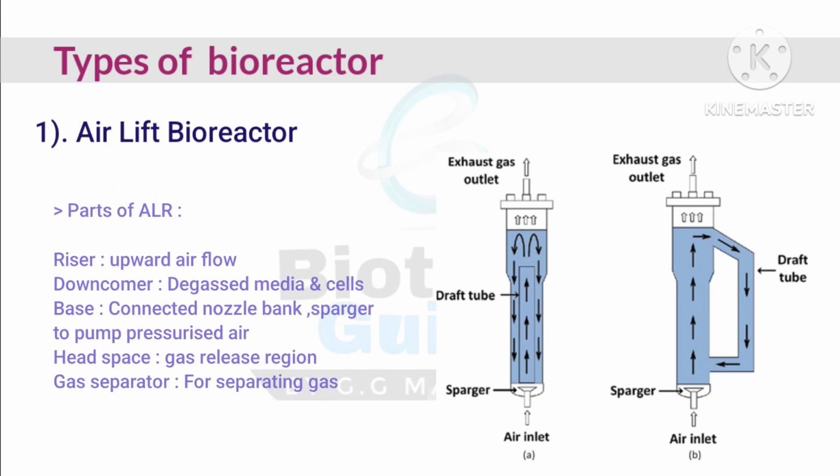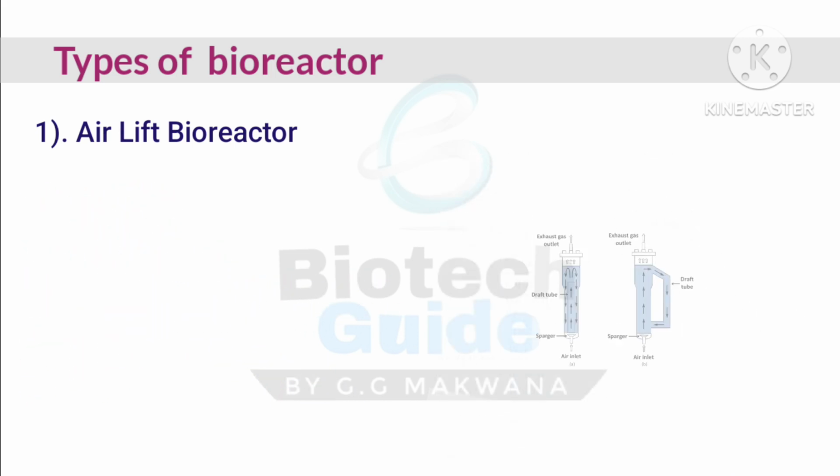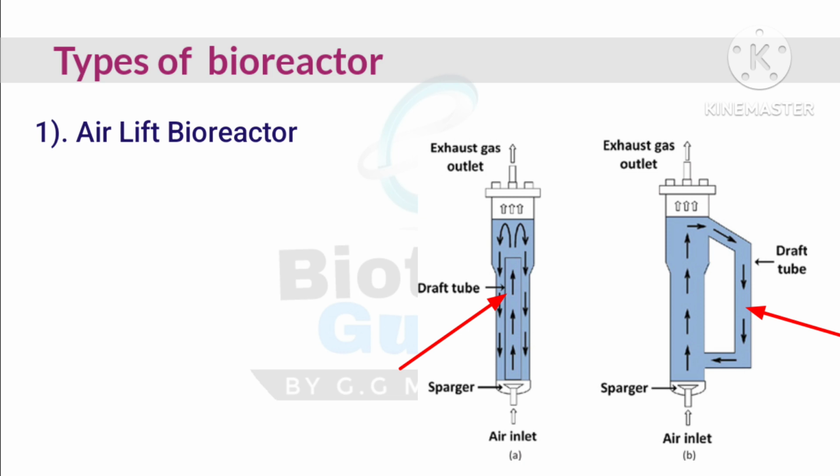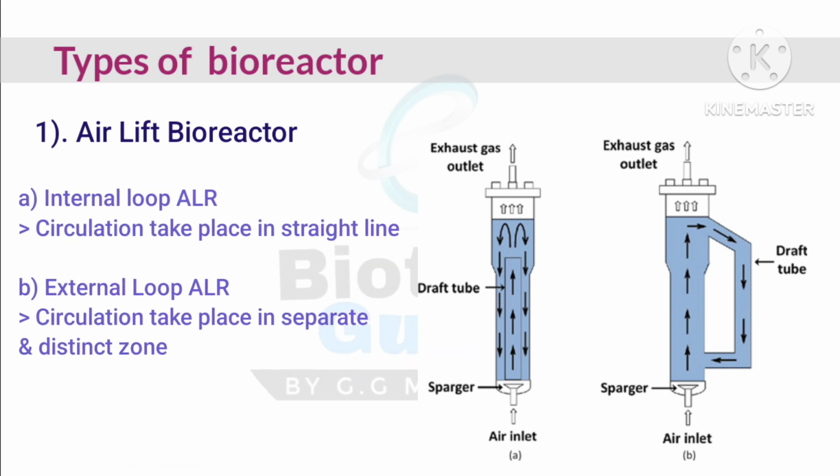Now on the basis of this draft tube, basically two types of ALR result: the internal loop ALR and the external loop ALR. In the internal loop ALR, circulation takes place in a straight line, and in the case of the external loop ALR, circulation takes place in a separate and distinct zone because of the draft tube.